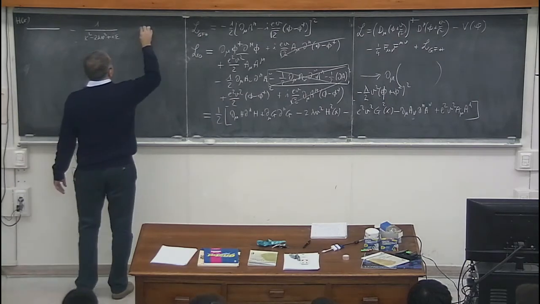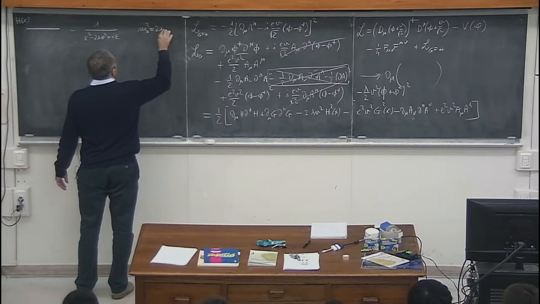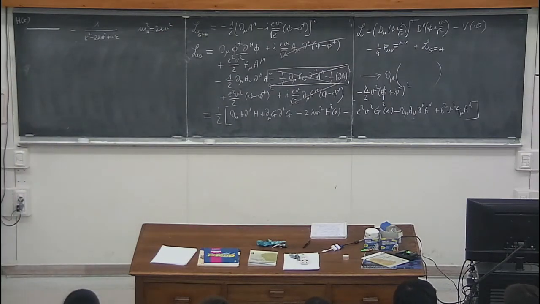So the squared mass of the Higgs boson is related to the parameter which enters the definition of the field transformation, which of course has the dimension of a mass because it has the same dimension as the field phi.